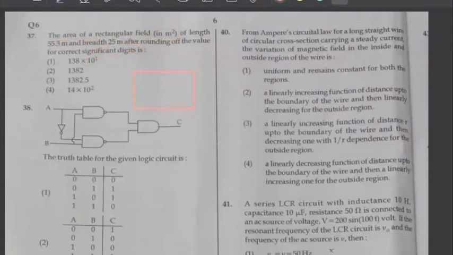So area is given to us with length 55.3 meters and breadth 25 meters. After rounding off, the value for correct significant digits is what? So basically we have to multiply these two numbers, 55.3 into 25. So what would that be?